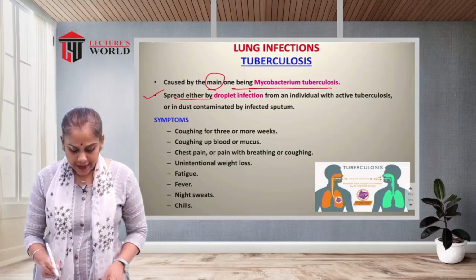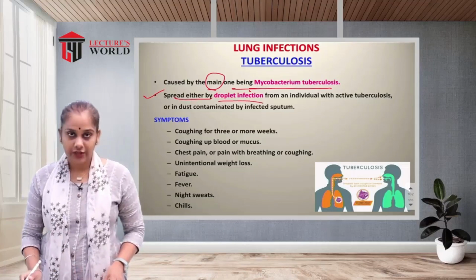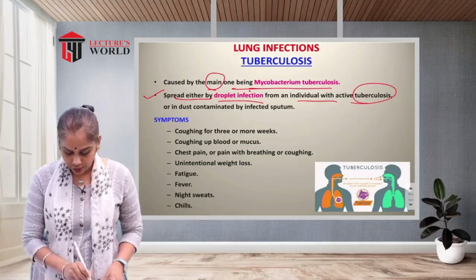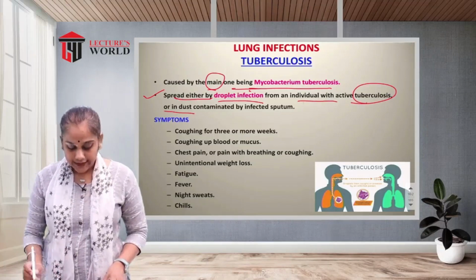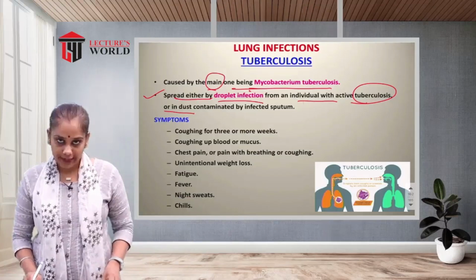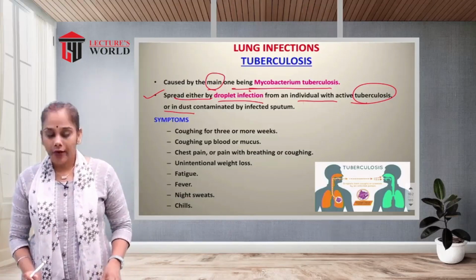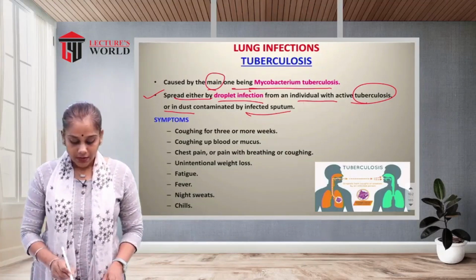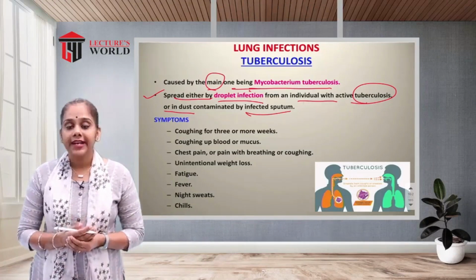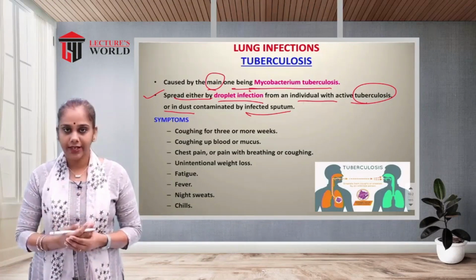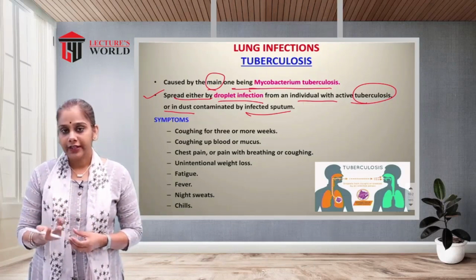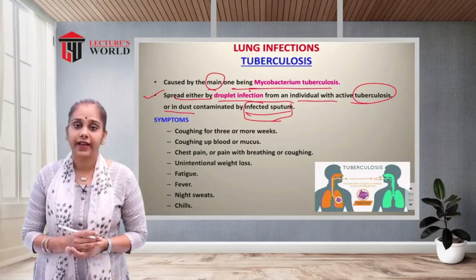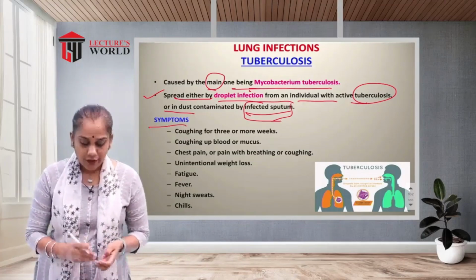It is spread by droplet infection from an individual with active tuberculosis, or in dust which is contaminated by the tuberculosis organism or infected sputum. So, it can be spread by droplet infection or by a person who has infected sputum.